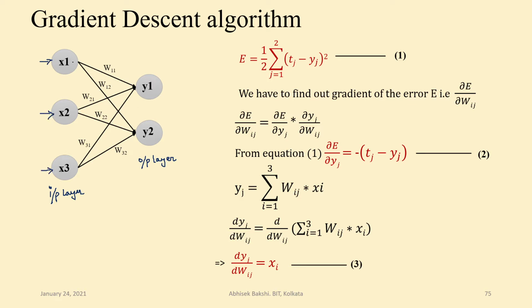That means x1 has some value, x2 has some value, x3 has some value, and these values get propagated to the output, and finally some output will be generated from this particular neuron. If this is an output neuron, I'm expecting the output from here, which is y1. Similarly we are expecting the output from this neuron, which is y2.